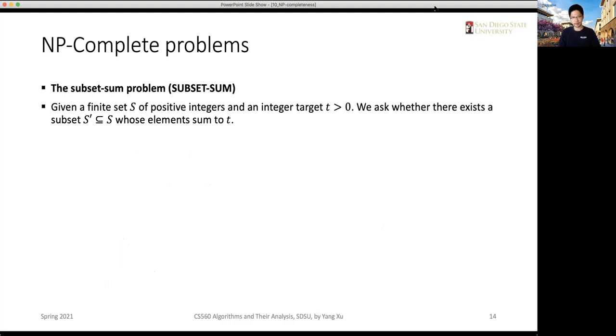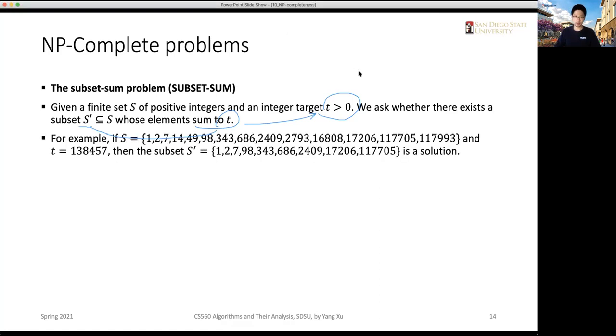Given a finite set of positive integers, and you're also given a target number t, the question is simply to ask whether there exists a subset whose elements sum to this target number, right? It looks like a very easy problem. Given a target, we want to determine whether there's a subset that sums up to that number.